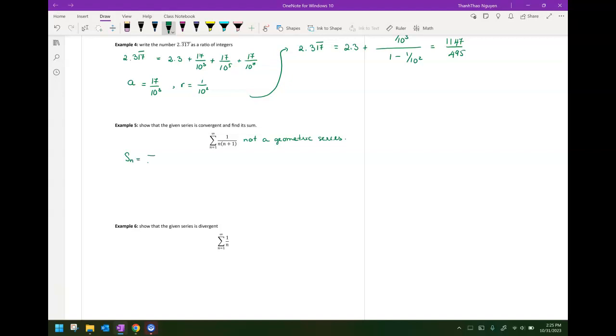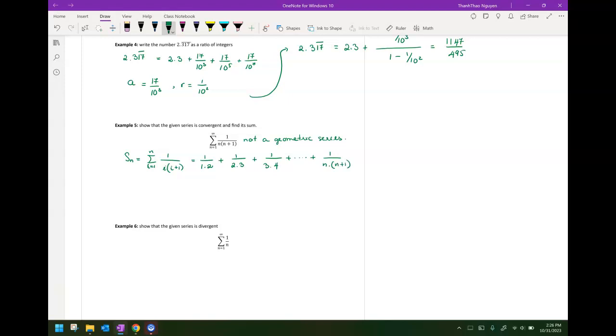F sub n is equal to the sum from i equals 1 to n of 1 over i times i plus 1. So here I have 1 divided by 1 times 2 plus 1 divided by 2 times 3 plus 1 divided by 3 times 4 plus so on and so forth, and the nth term by definition is 1 divided by n times n plus 1.